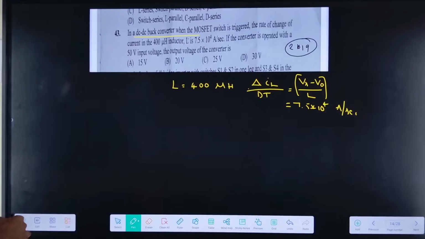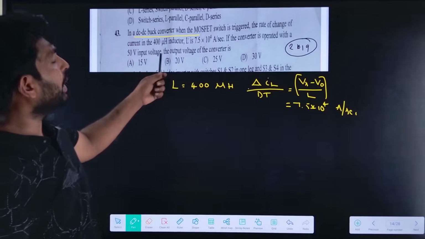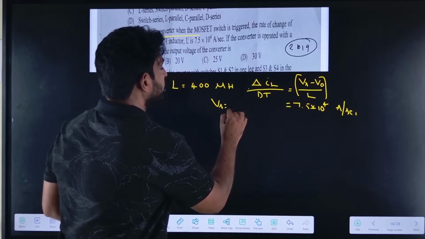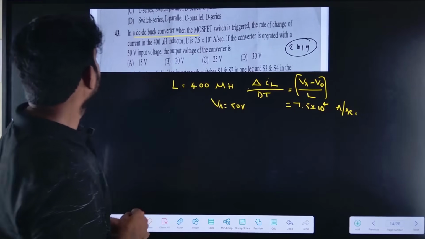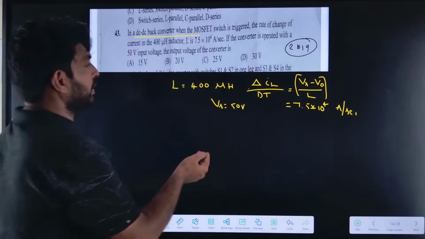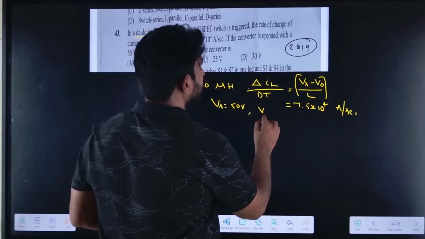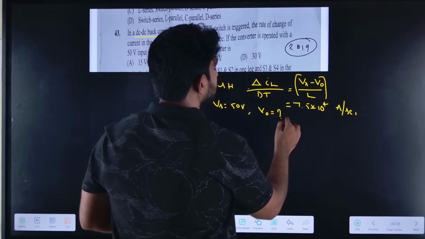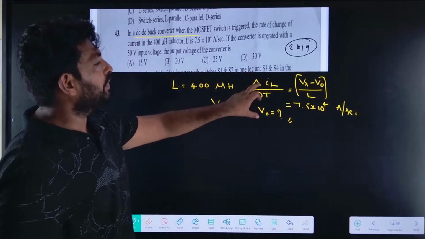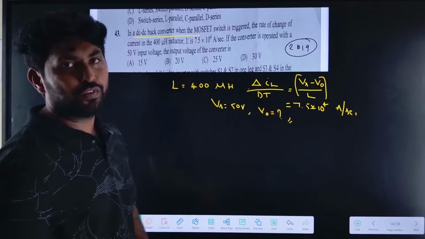Now what do we need to find? The converter is operated with an input voltage of 50 volts, so Vs is 50 volts. We need to find the output voltage of the converter. Delta IL by dt is given as 7.5 into 10 power 4.